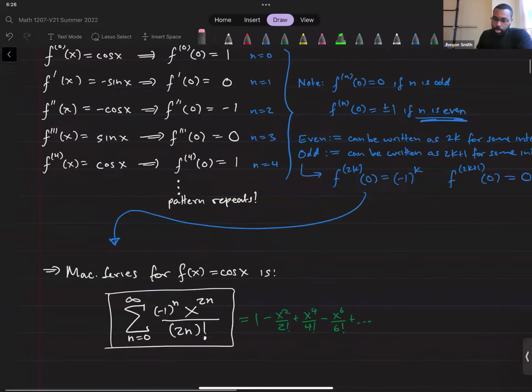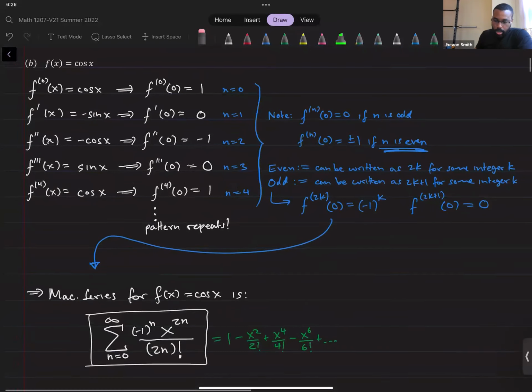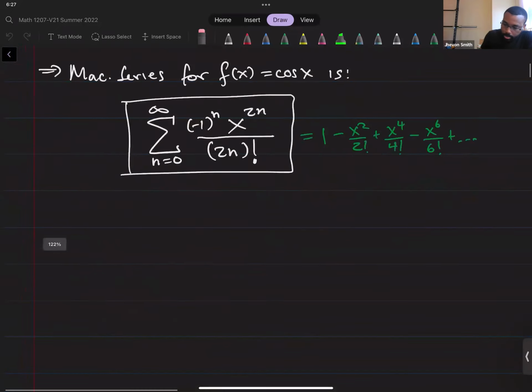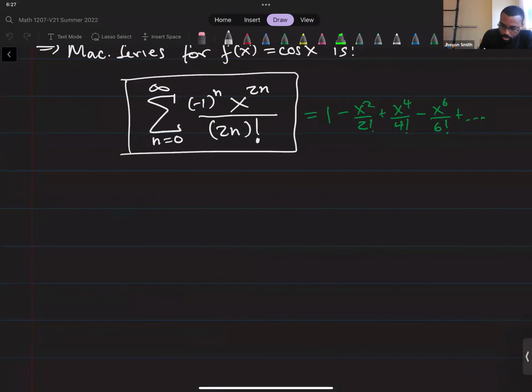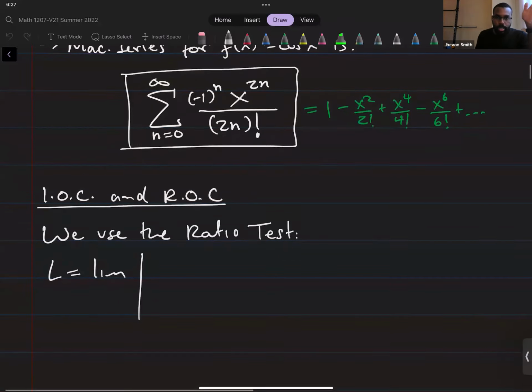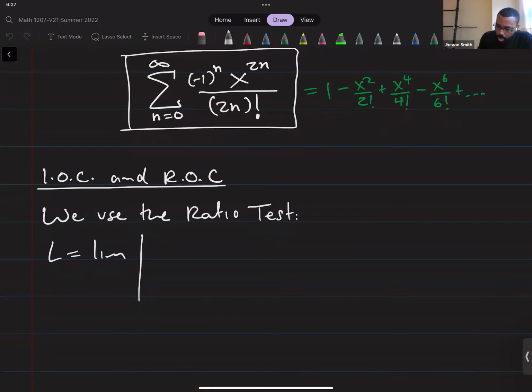Okay. So that's actually the Maclaurin series for cosine. Now we also need to find the radius of convergence and interval of convergence. So let's actually do that. Okay, so again, we use the ratio test. Our L here would be the limit of, now remember, we can ignore the -1 to the n in calculations like this. So I'm just going to put the other parts.